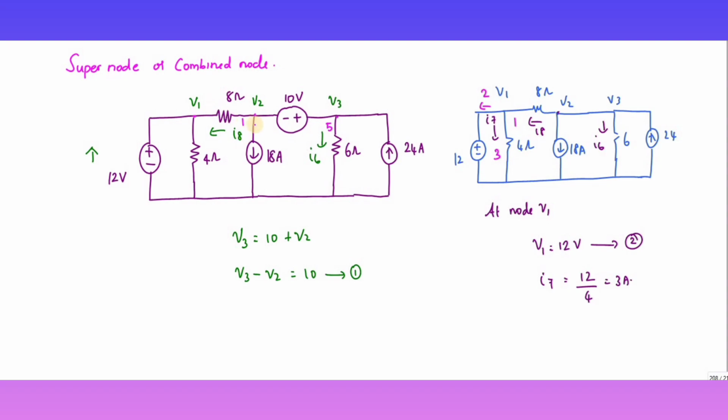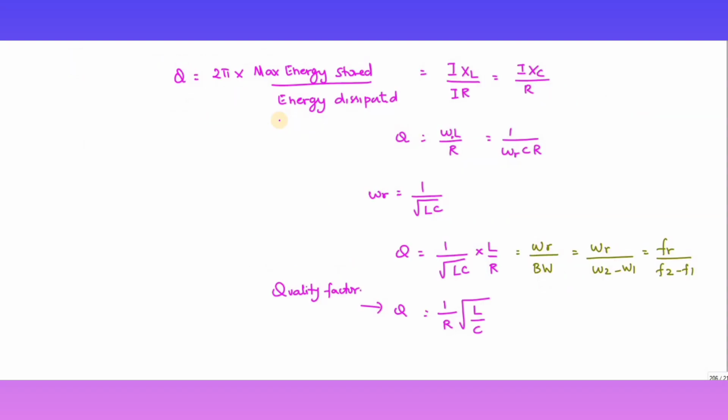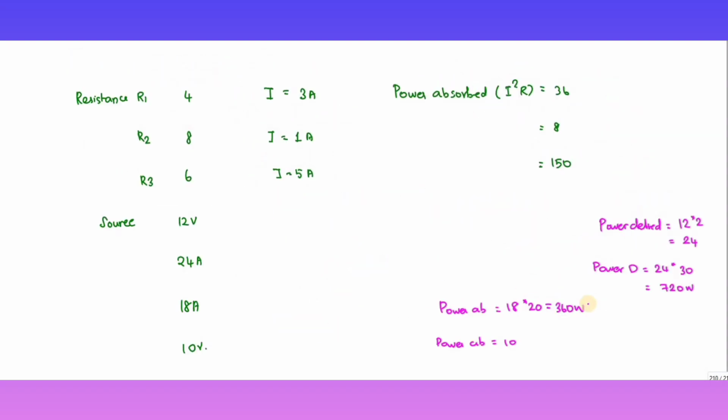If this is 1 and this is 18, the current flowing through this one is 19. So the current flowing through the 10 volt is 19, so it is nothing but 190 watts.